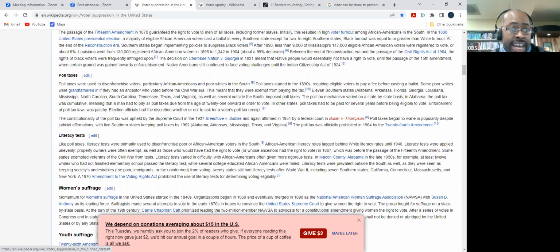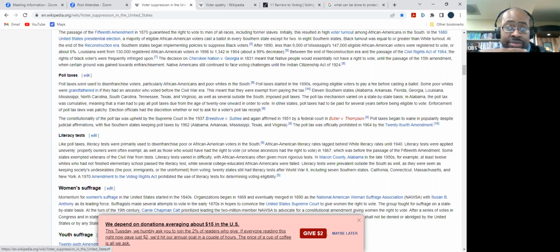You also have the poll tax. We don't know how much it was, but it was implemented in just about every state in the country. It was upheld by the Supreme Court in 1937, again affirmed in 1951.